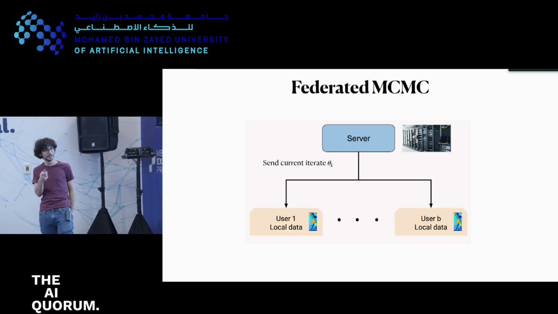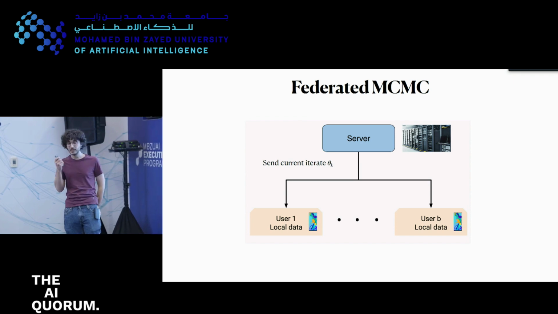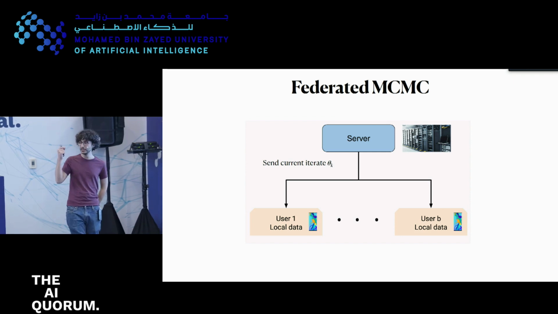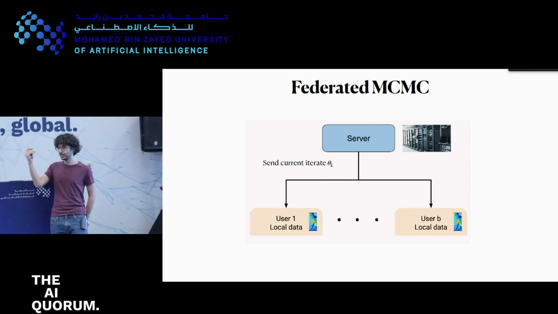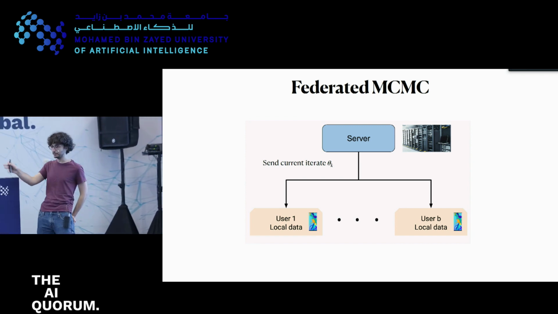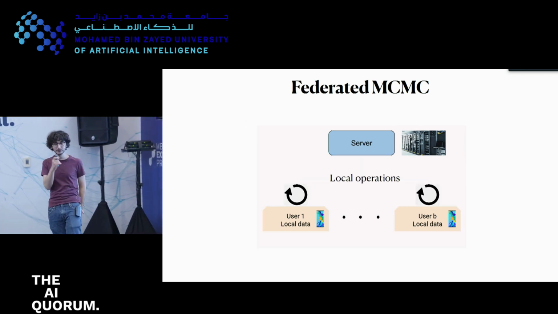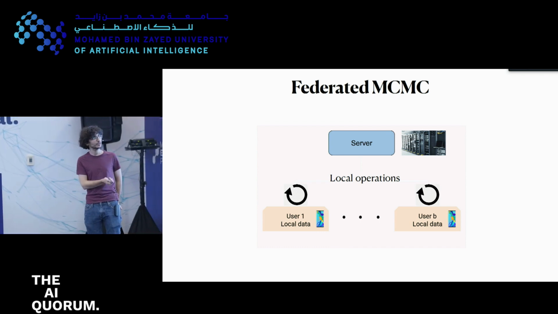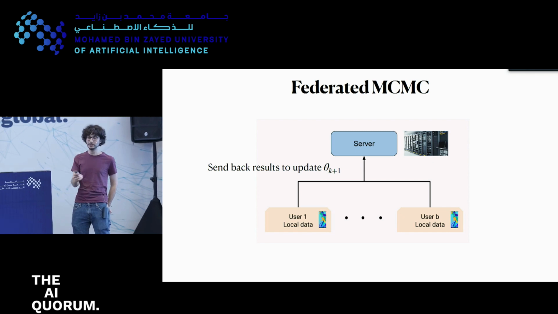So here, the main rationale of this type of scheme is that, as in usual federated stochastic optimization, I have a current iterate theta k, which will be my current sample from my federated MCMC algorithm. The server sends this approximate sample theta k to the users. Now the users can perform local operations, and based on these local operations, they send the results to the server to update the next parameter theta k plus 1.